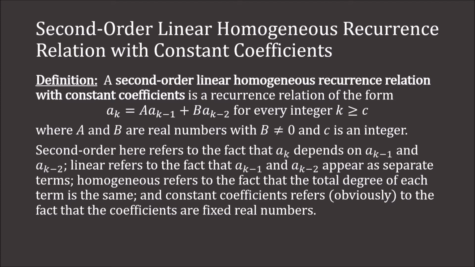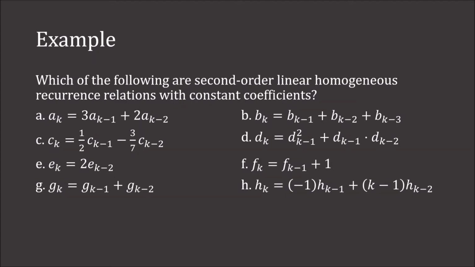So we take a look at these 8 recurrence relations, and we are going to decide which are second order linear homogeneous with constant coefficients. So let's start with A. Well, it's second order. It depends on a sub k minus 1 and a sub k minus 2. It's homogeneous in that they have the same degree.